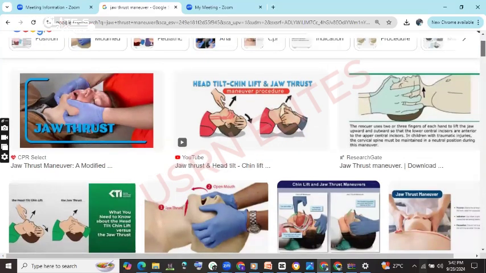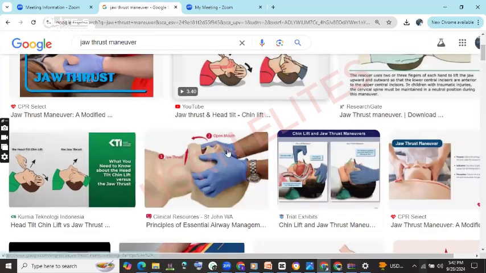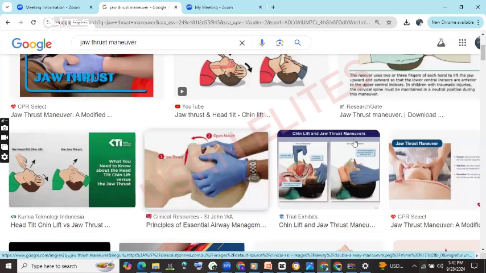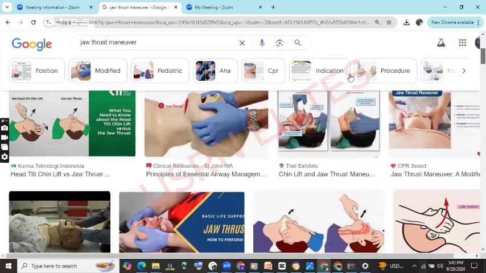So you keep the head straight and everything. So that's how you do the jaw thrust. So look at this one. Let me see how I can even describe it to you. I think this is a nice way of doing it. This one. So you hold the jaw, each jaw at each end, as this person has done, by the edges over here.